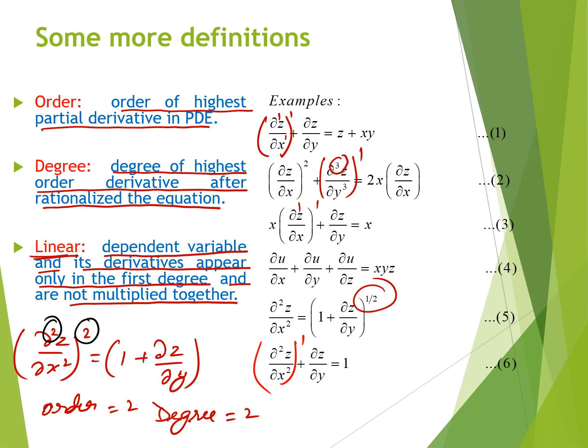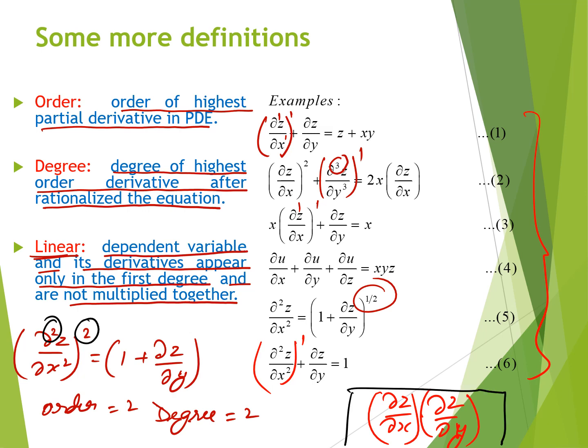And in this equation, if we get the dependent variable's derivative, that is del z over del x into del z by del y, then because the coefficient is a multiple of the dependent variable, because of this term, the equation will be converted into non-linear. And if the degree of the dependent variable, that is z, or the derivative of z is more than 1, then it is non-linear.